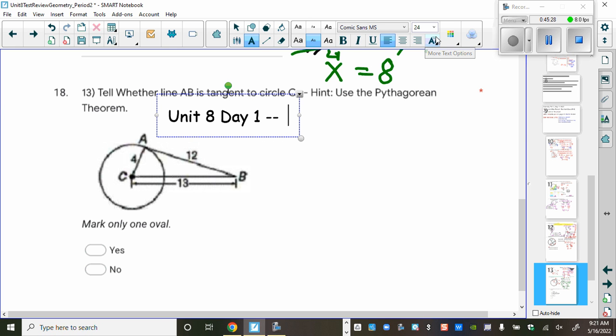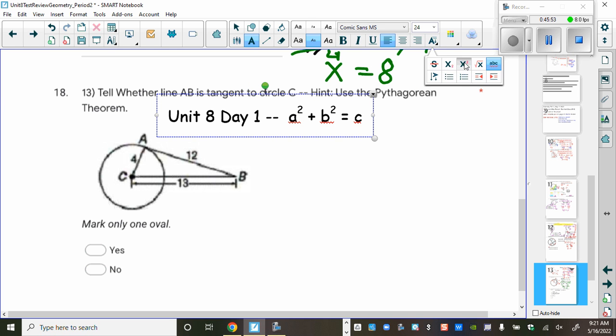Basically, you need to follow a squared plus b squared, I'm sorry, equals c squared. Now, here's what you need to do. Pythagorean theorem.